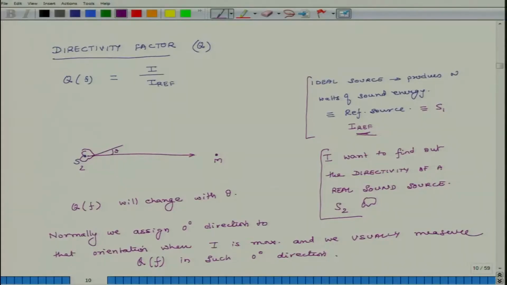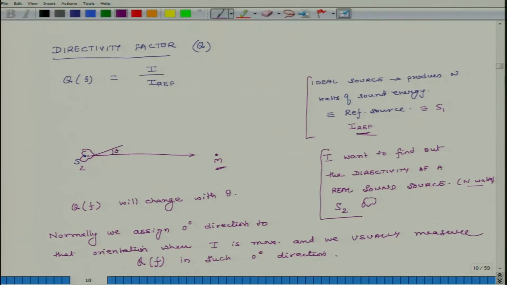It will be 1, because the intensity of the omnidirectional source and of this real source will be the same. Oh, by the way, this real sound source should also produce the same power level, in watts. Okay. So, the total watts is the same. So, if the actual source S2 is omnidirectional, then my Q will be 1.